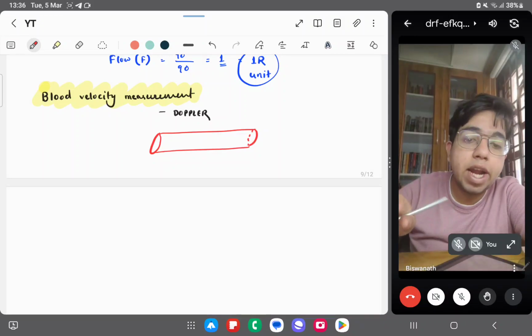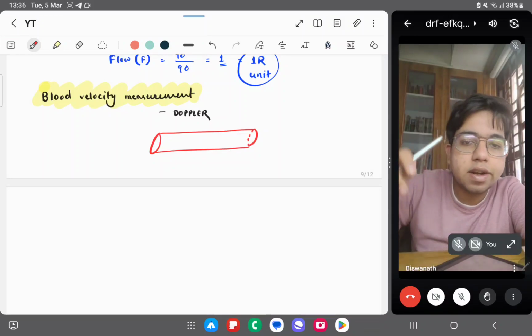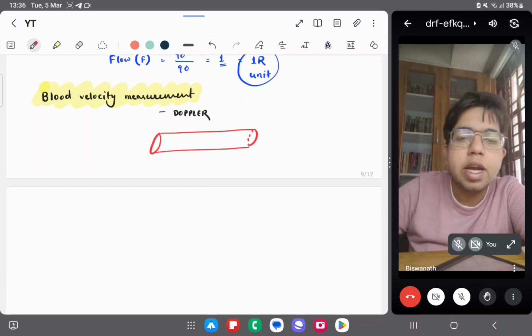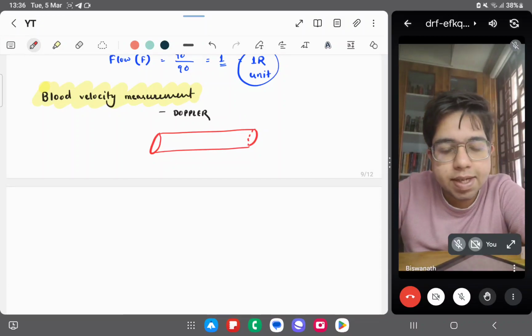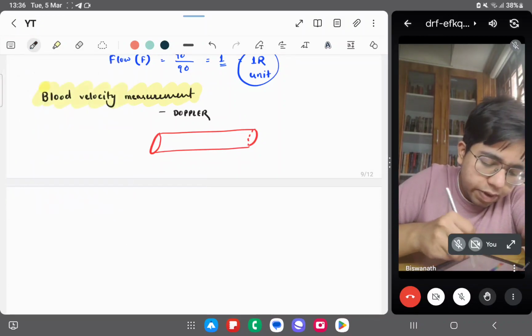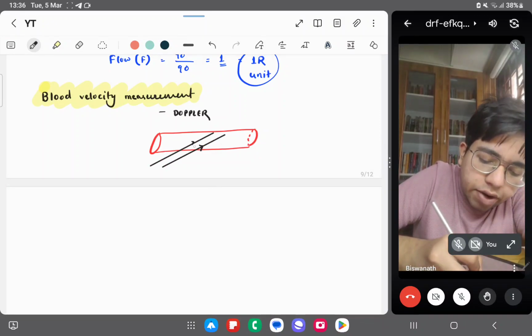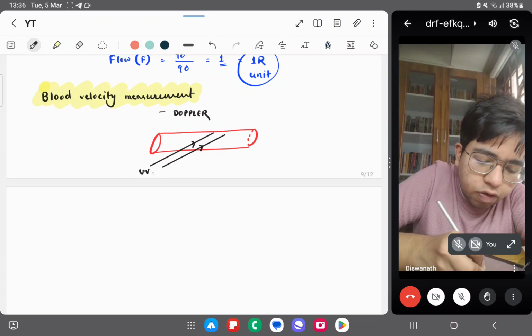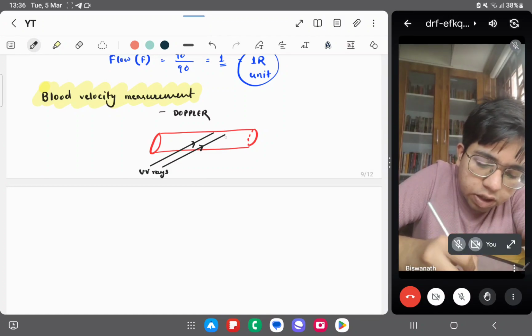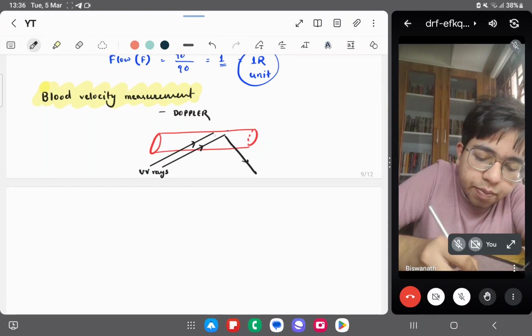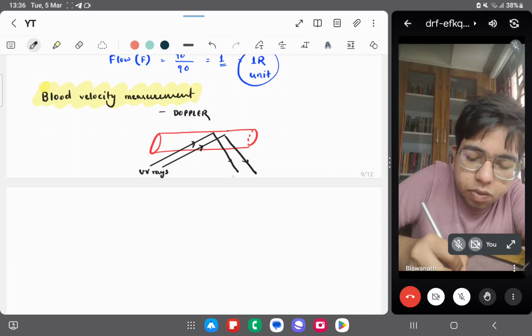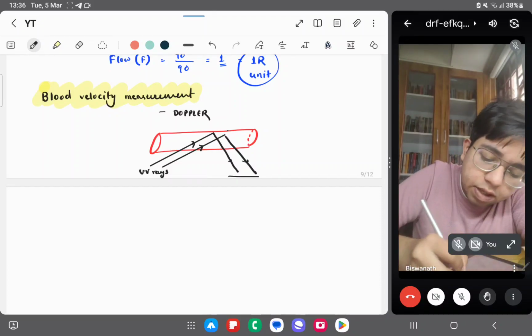Then we irradiate an ultrasonic wave, and this ultrasonic wave will be reflected back into a downstream sensor. So if some rays are irradiated, this will be reflected back, and there will be a sensor here.